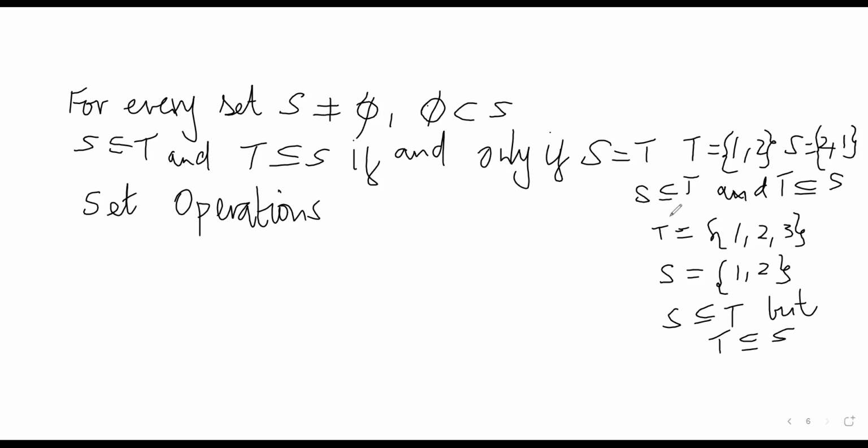Because 3 is not contained in S. So this situation can only happen if T is equal to S. Otherwise, if it is not equal to S like we have here, then T cannot be a subset of S and S be a subset of T.